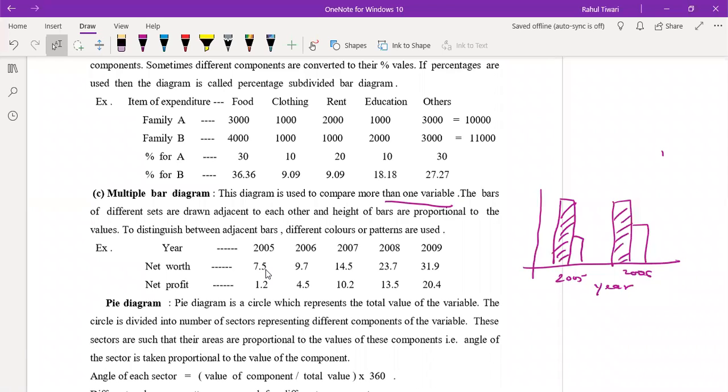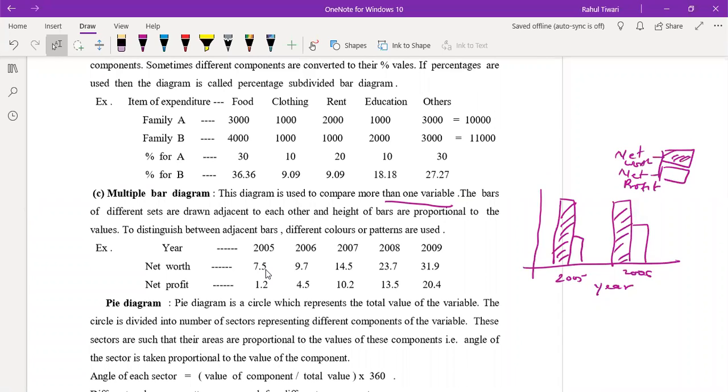So here I have to say this data is basically for net worth, and this other data is for net profit. Everything you have to define here. What is this?